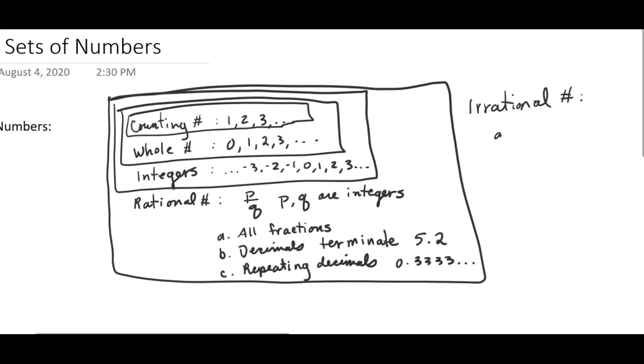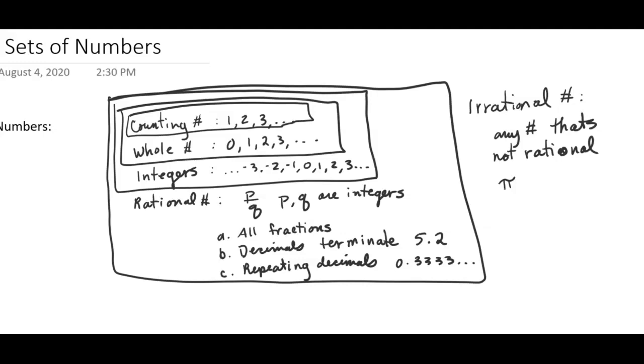So it's any number that's not rational. I should say any real number, but any number that's not rational. And I can give you some examples. Like pi. Pi is irrational. It's a decimal that goes on and on and on, and it doesn't repeat. So that's probably one of our more famous irrational numbers.